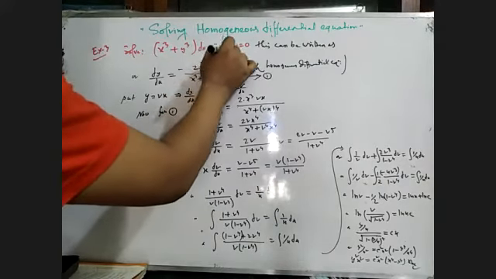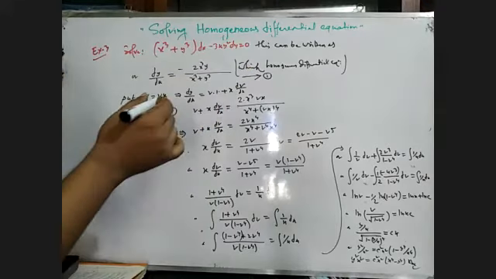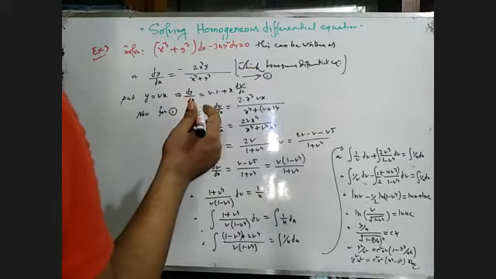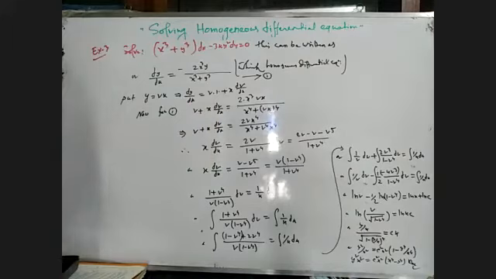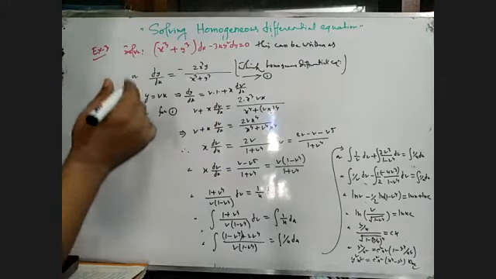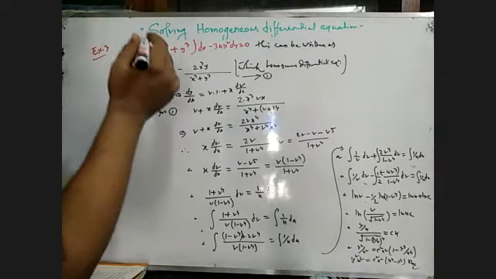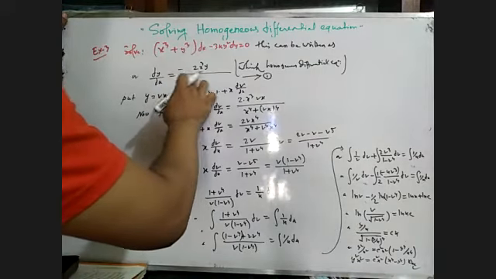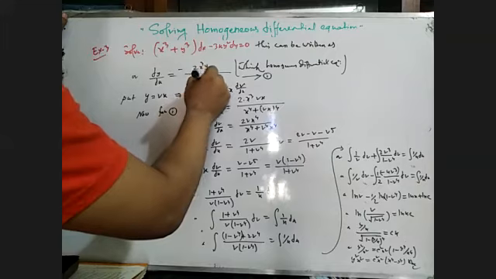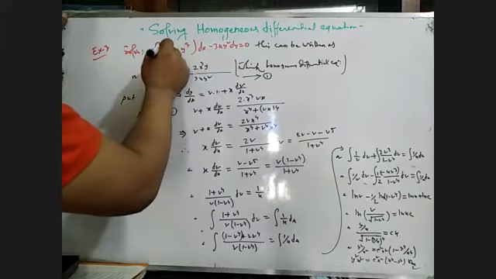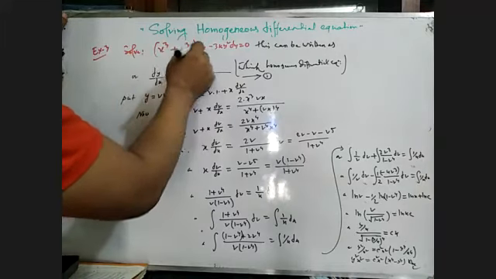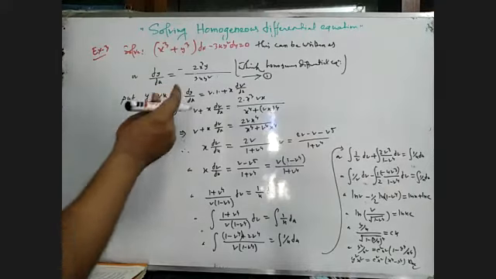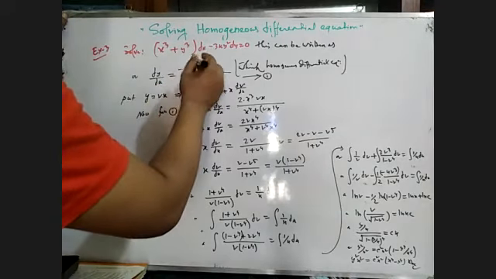First of all you have to divide with thrice x y square, then dividing by dx.